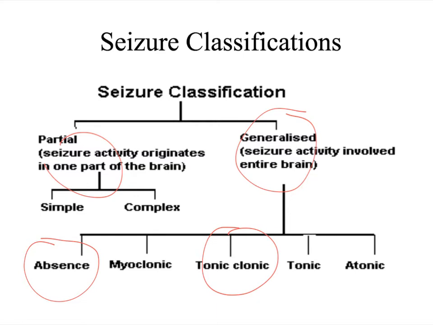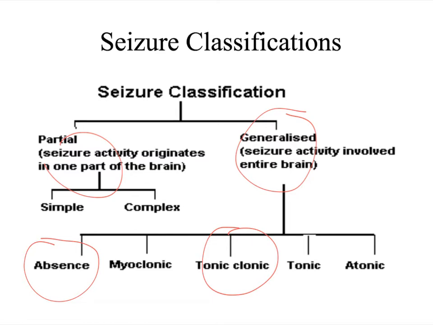Some seizures require more safety support from the healthcare staff, such as the tonic-clonic seizure, which means the patient is having the stiffness and the jerking motions. And then the atonic seizure means that the patient has a sudden loss of muscle tone, followed by a post-ictal phase, which is confusion.